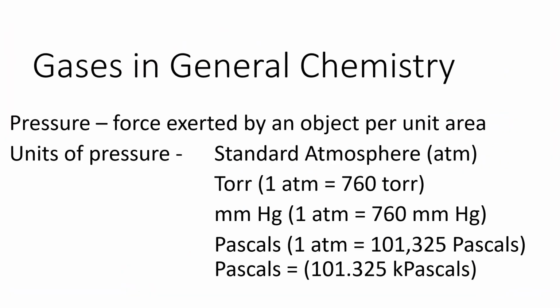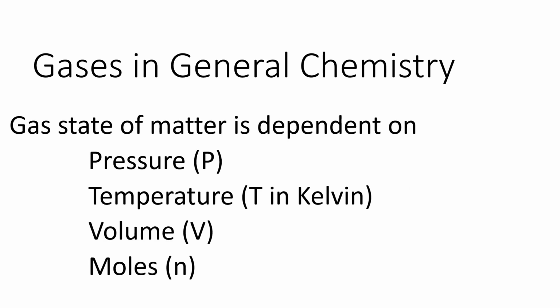For gases, we need to introduce a few properties, the first being pressure. Pressure is the force exerted by an object per unit area. Units of pressure are standard atmospheres, although torr, millimeters of mercury, and pascals are also used. In addition to pressure, temperature is also important.